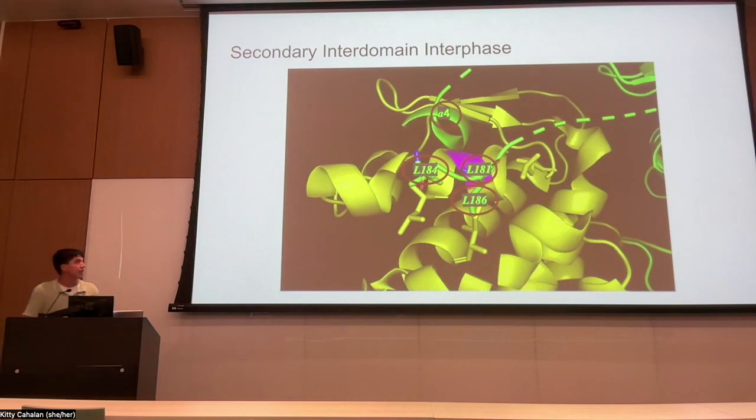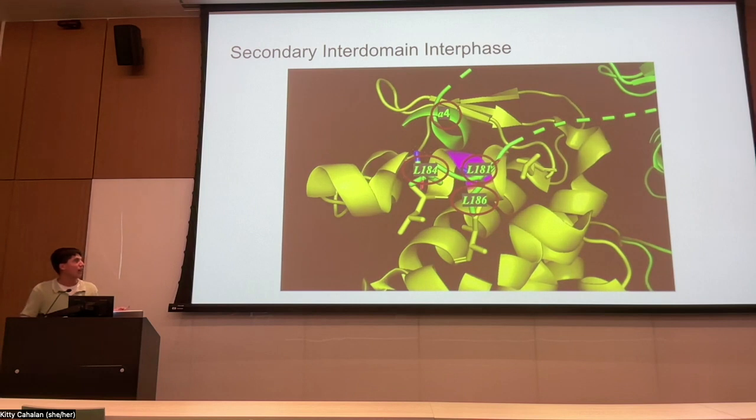This is the secondary interdomain interface. This is the alpha 4 helix compared to the alpha 9 helix. So I'm just going to point right here, right here, right here. And so basically, it is the same thing, except this time it is more of a second stabilization of the autoinhibitor state.